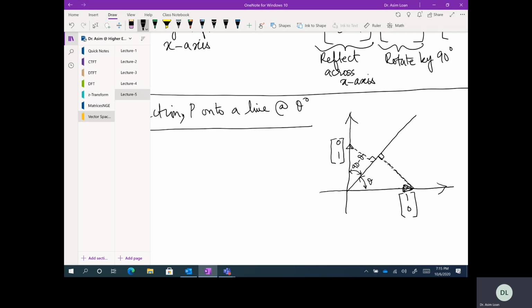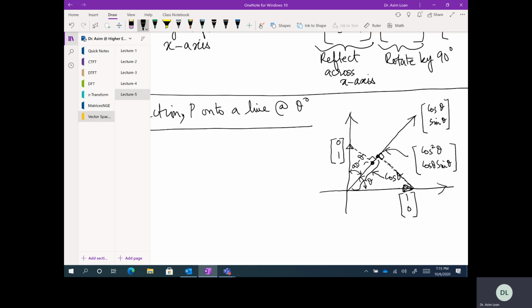This is 90 degrees. This line is in the cosine theta, sine theta direction. This intercept is cosine theta. So this point is cosine square theta, cosine theta sine theta.